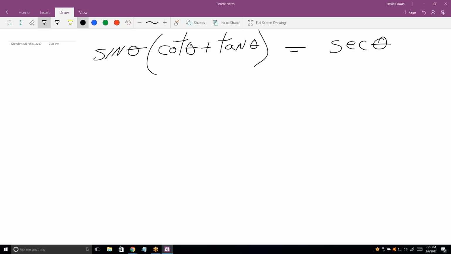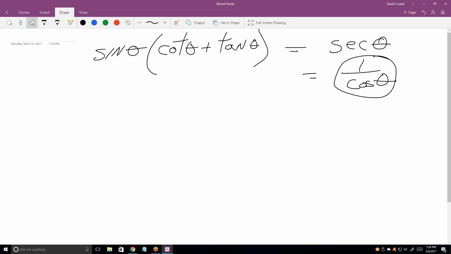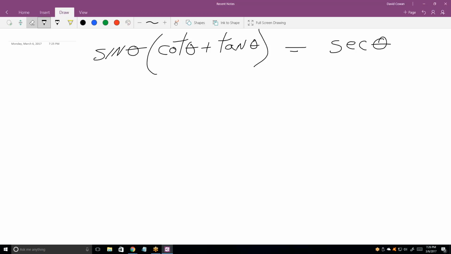Yeah, and including knowing that the right side is the same as 1 over cosine. I don't have to do that, but it's nice to know that that's really what I'm going to try to turn the left side into. In other words, some teachers might even tell you you cannot mess with the right side. You can only mess with the left.